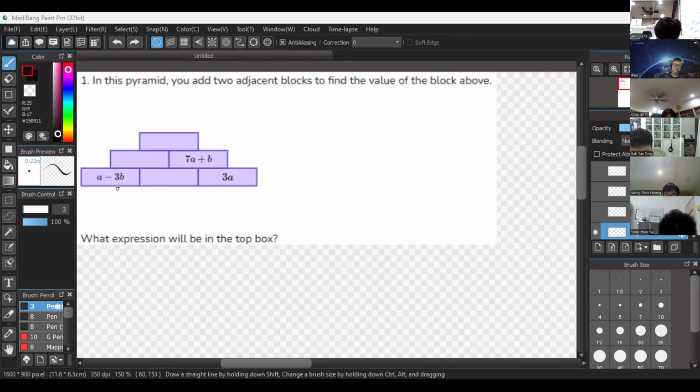Okay, so first we'll start with this question. So basically, two blocks will add up on top of them, and then we need to.